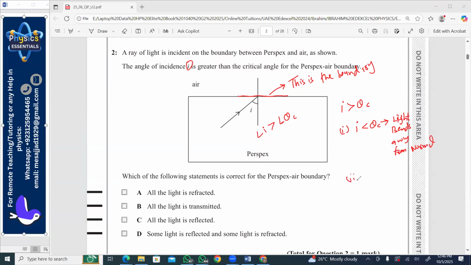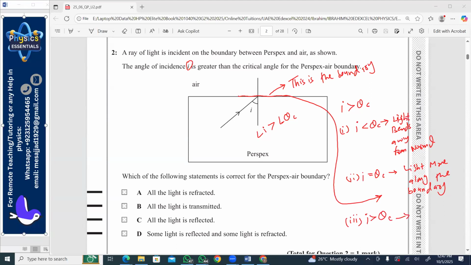Number 2 is when angle of incidence is equal to critical angle, it means the light moves along the boundary. And which boundary are we talking about? This boundary. And number 3 is when angle of incidence is greater than critical angle, we have total internal reflection. So this is what's happening here.